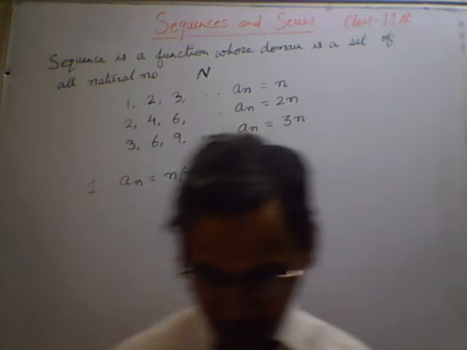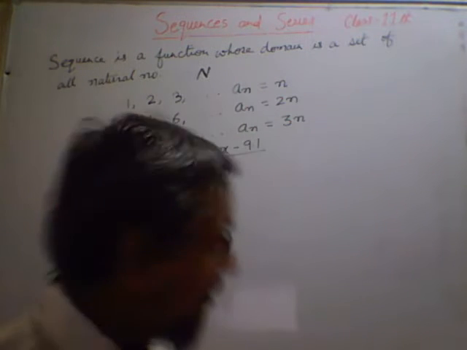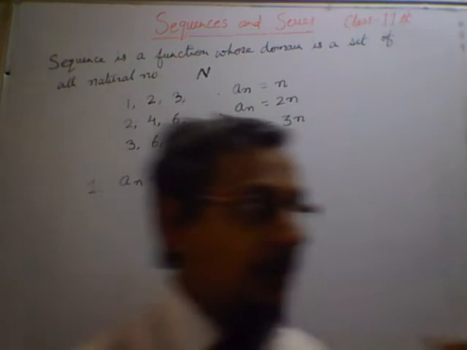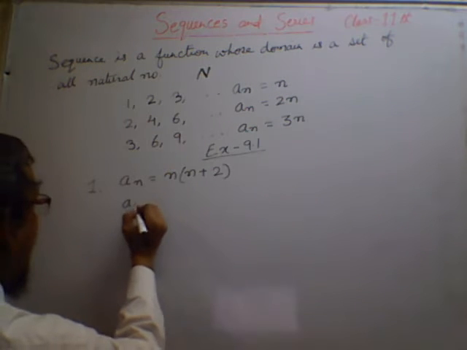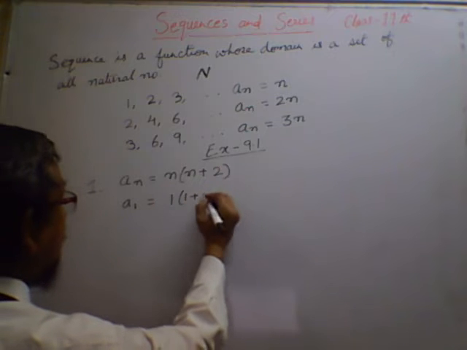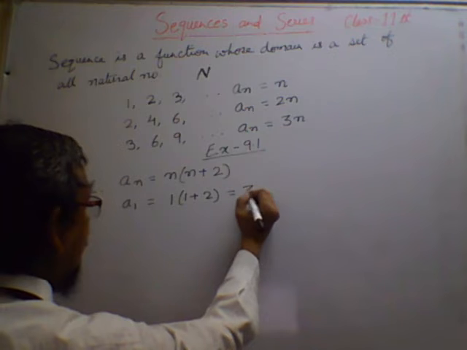We have to find the nth term, meaning the general term. If I put 1 in place of n, what would it be? A1 equals 1 into 1 plus 2. How much would it be? 2 plus 1, 3. It will be 3.